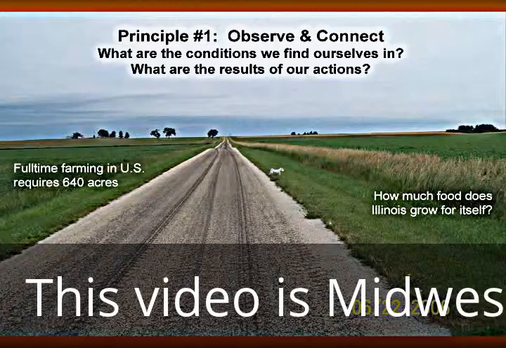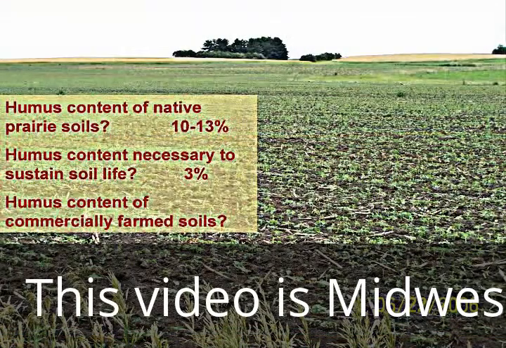The next slide shows a picture of a field and talks about humus content. When these prairie soils were opened up 150, 200 years ago, the humus content was 10 to 13%. That's pretty typical of native soils, even wooded soils. Humus is the organic matter.